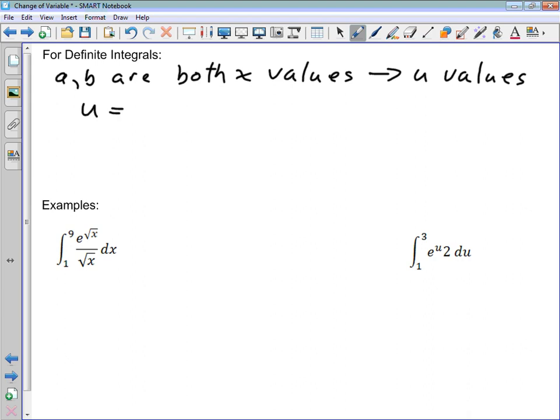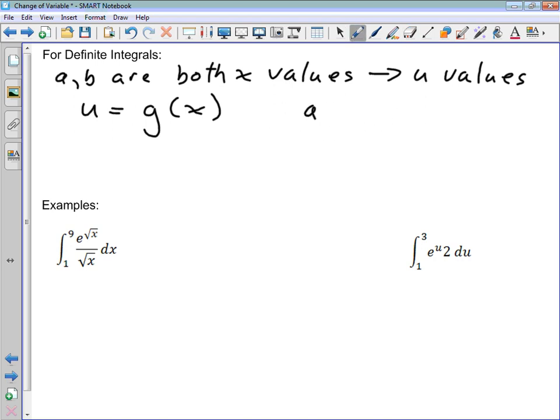But we know that u is just some function of x. So if we want to figure out what our u values are, we just have to evaluate this function at these two values of a and b.